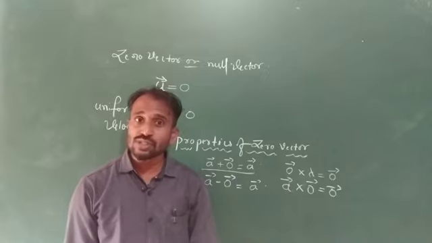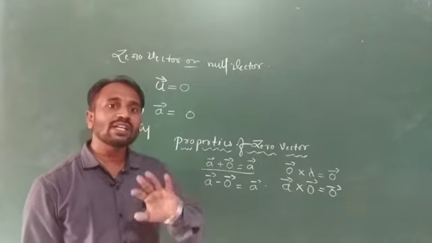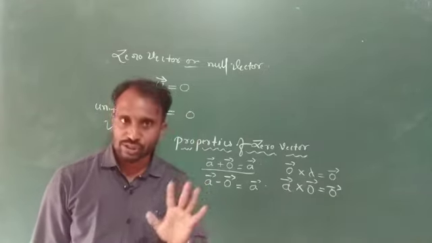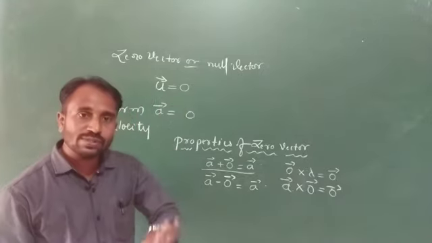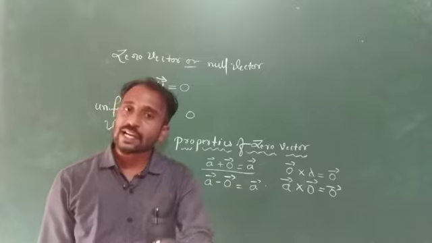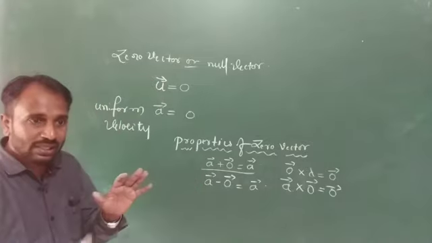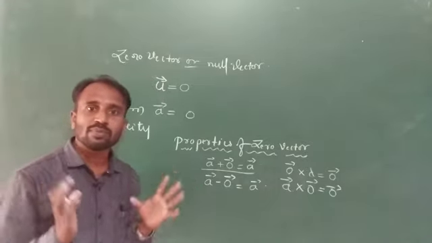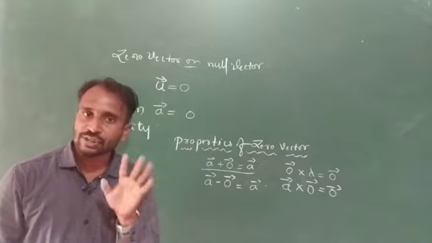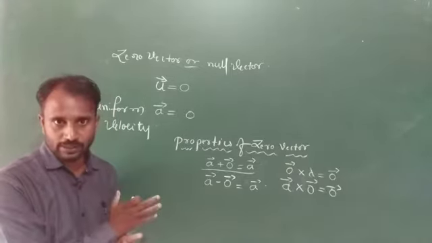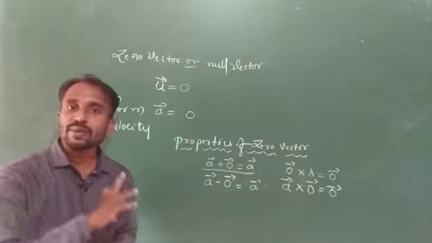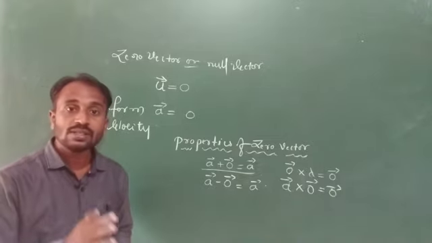Its magnitude is 0, but it has a direction. That is why we call it a null vector or zero vector.